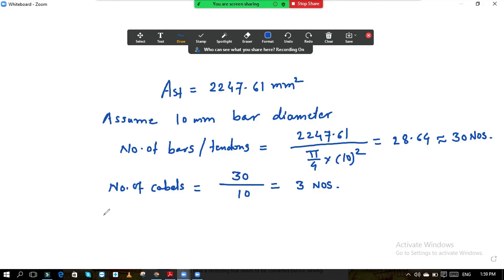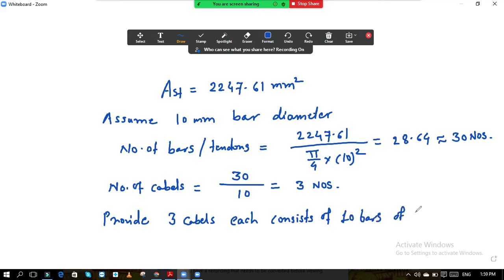So I will write here: provide 3 cables, each consists of 10 bars of 10 diameter. So this is your reinforcement.